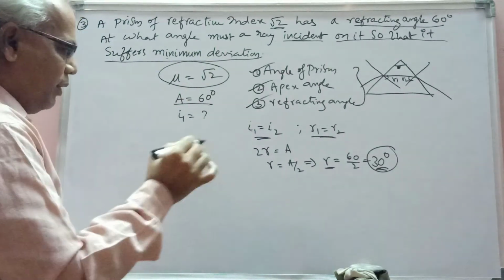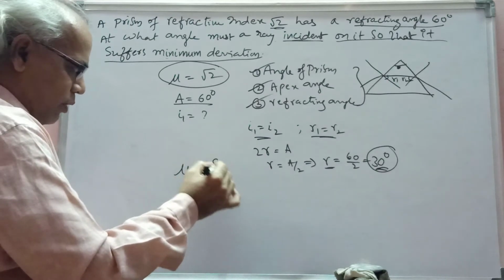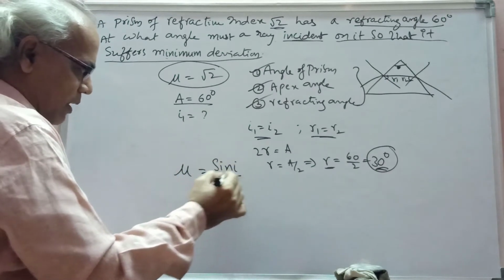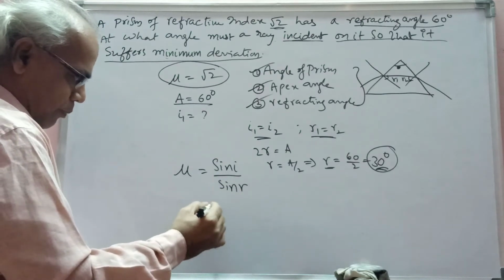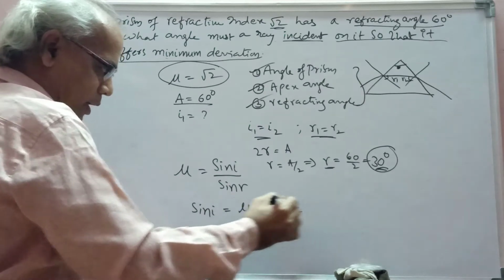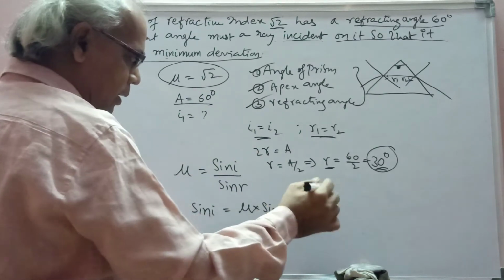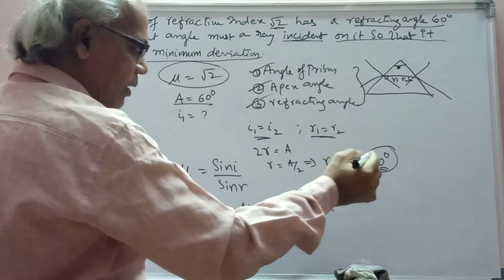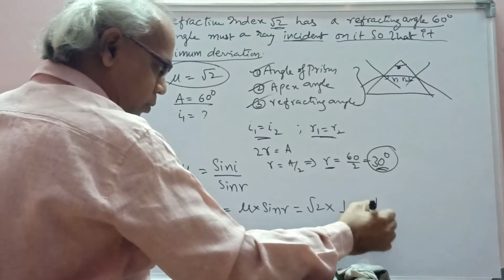So for the angle of incidence, we know the Snell's law formula: mu is equal to sin I by sin R. So sin I is equal to mu into sin R. The mu value is root 2, into sin R, that is sin 30. Sin 30 is 1 by 2, so that is equal to 1 by root 2.